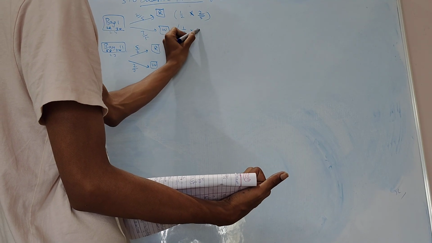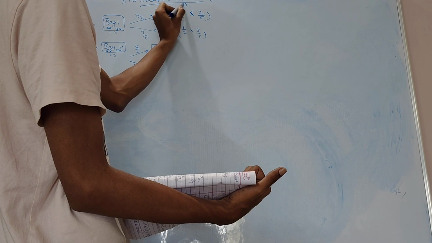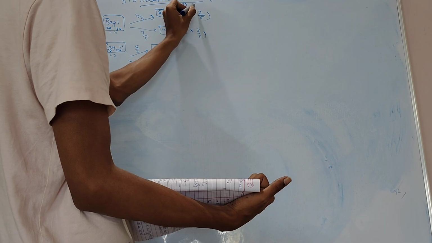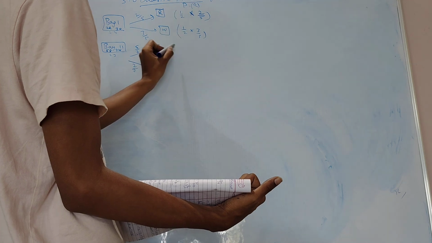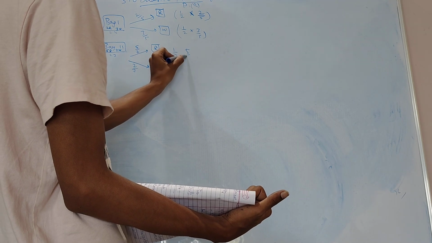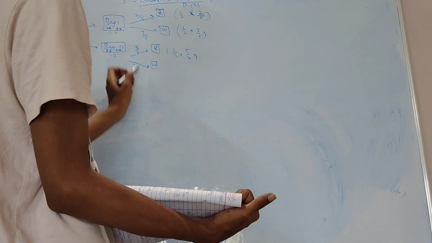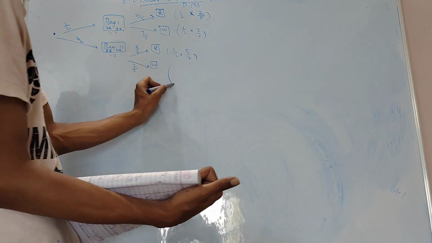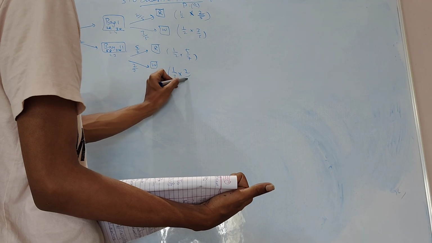Similarly here, 1 by 2 into 3 by 5. These are the probabilities of getting a red ball from bag 1 if bag 1 is taken. Similarly, this is the probability of getting a red ball from bag 2 if bag 2 is chosen, and this will be 1 by 2 into 2 by 7.